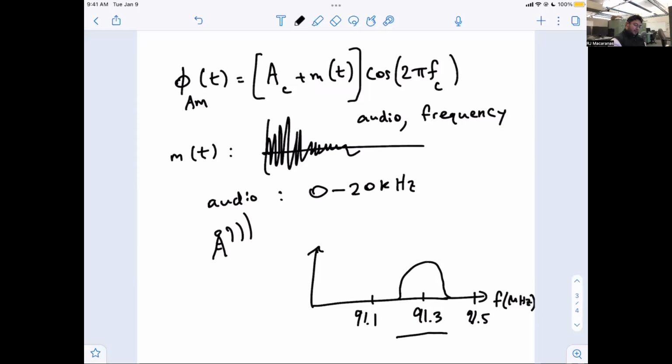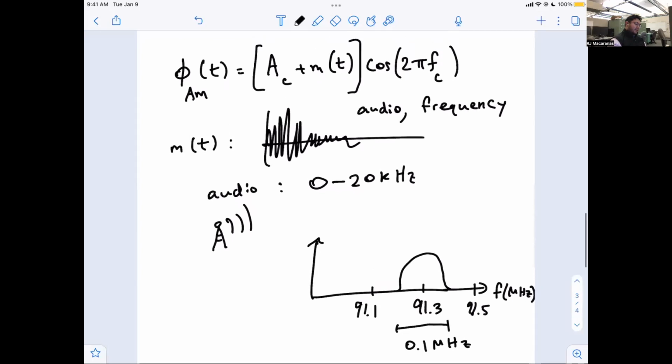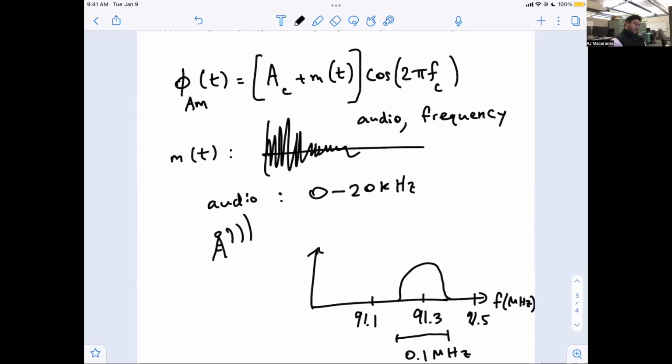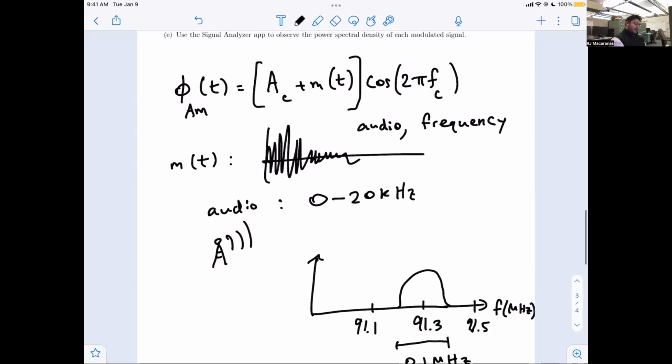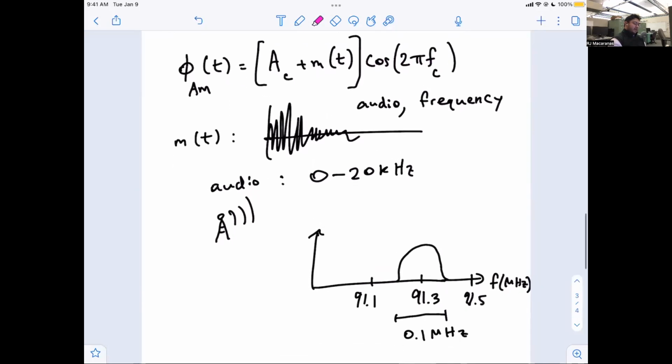So we've got about 0.2 in total here, so 0.1 and 0.1. So we've got 0.1 megahertz bandwidth for a radio station, which is enough to hold this audio waveform that we have. And this extra cosine that we have up here helps us shift our frequency, right? So we carry our message up to this new frequency in the frequency domain.